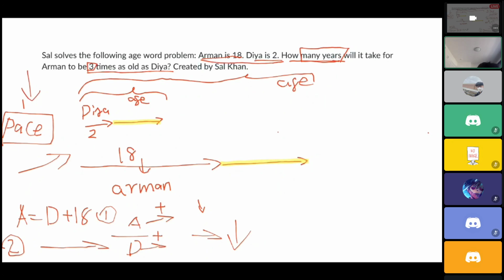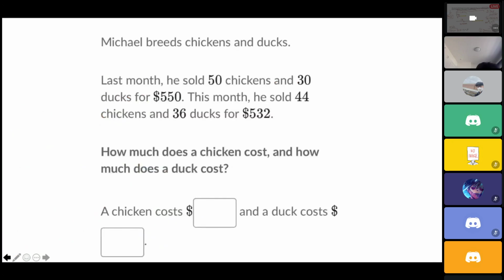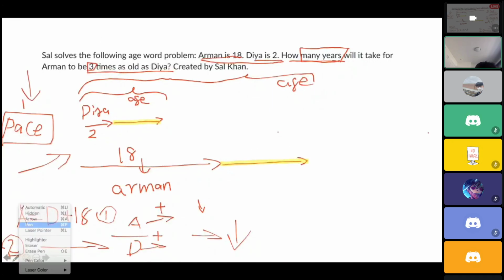Can you tell me what the relationship is between those two segments? This one and this one.